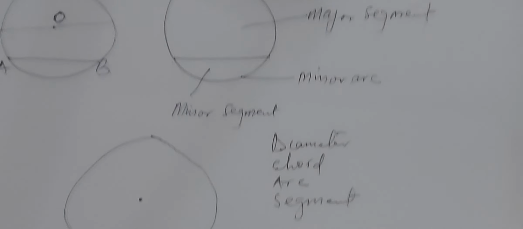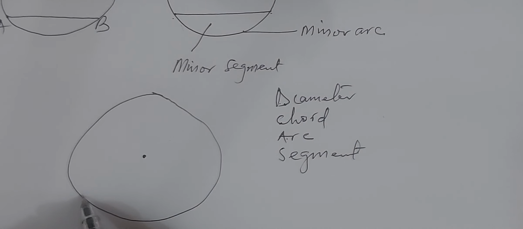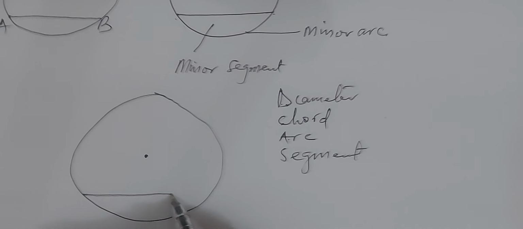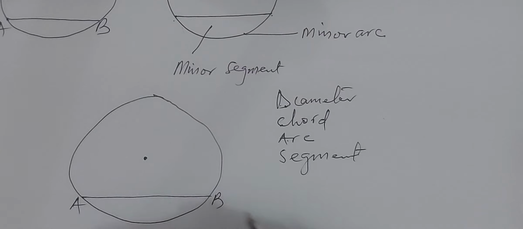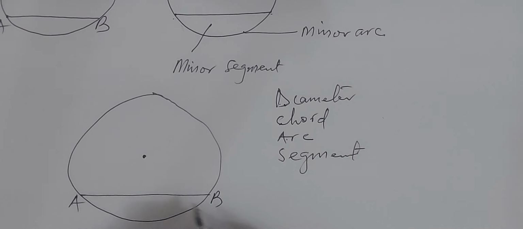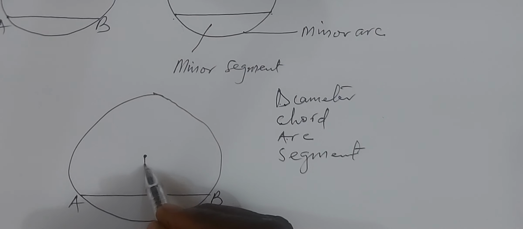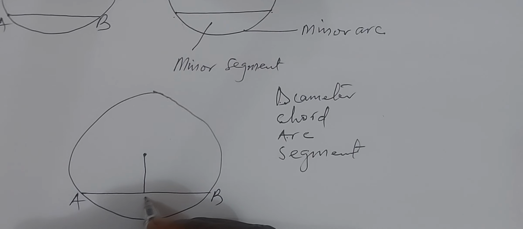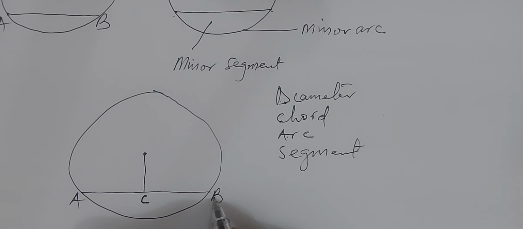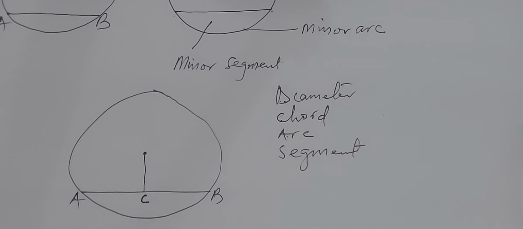We have a line like this to a chord. Let's say this is the chord AB. The theorem is saying that a line from the center to the chord, let's say this is at C, divides chord AB into two equal halves. Okay? Divides chord AB into two equal halves.